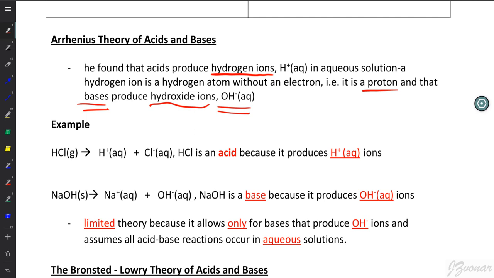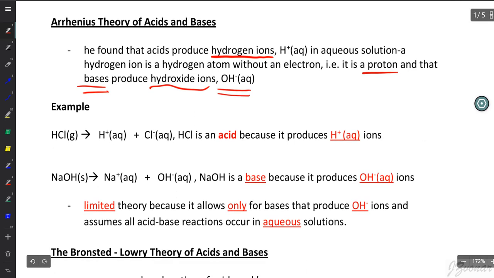So here are some examples. When we place hydrogen chloride into water, it ionizes and forms hydrogen ions and chloride ions. We know that HCl, hydrochloric acid, is an acid because it produces these hydrogen ions. Likewise, sodium hydroxide, when we place it in water, dissociates into sodium ions and hydroxide ions, and it's the presence of these hydroxide ions which makes it basic.